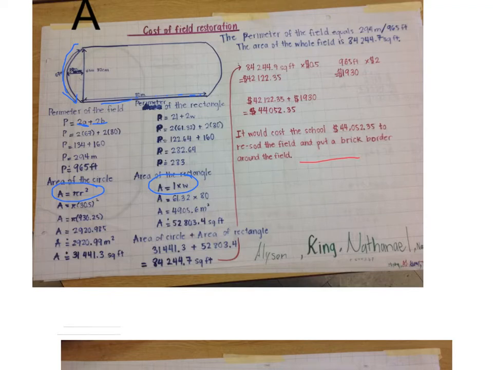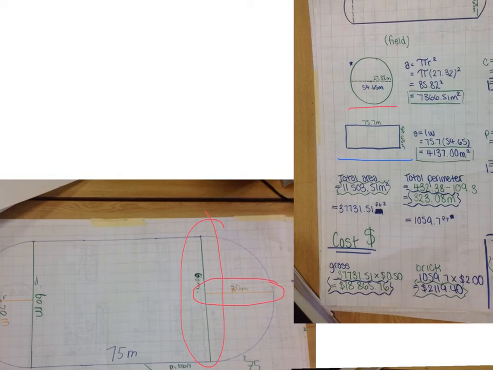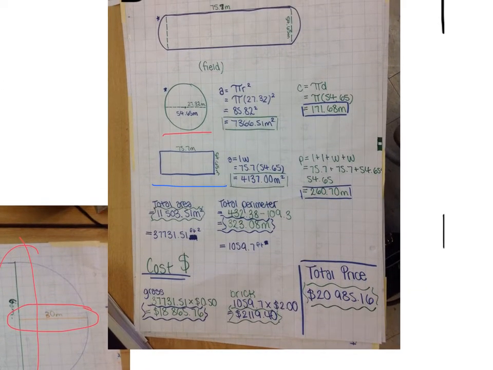Some other groups, though, made small calculation errors. If I go back to Group B, they made a small error in the order of operations. Group B correctly identified the radius as being half this length, but when they did the calculation, they didn't square the radius first.